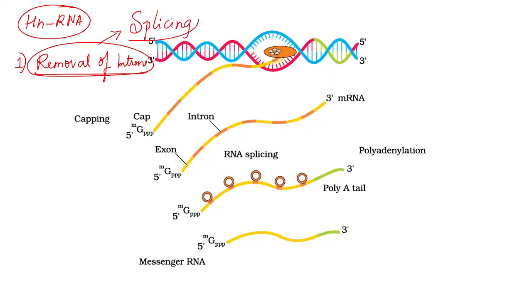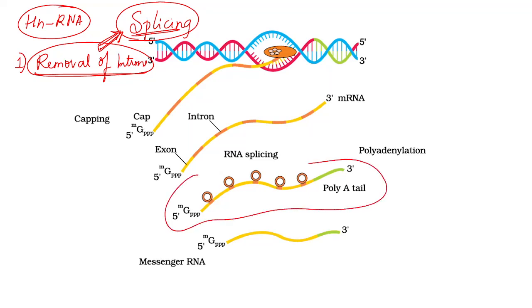Why are the introns removed by means of splicing? Because they are non-coding. Since the introns are non-coding parts of the hnRNA, they are removed from the particular region, and that is called splicing. The removal of introns is called splicing. In this diagram, you can see what has happened.